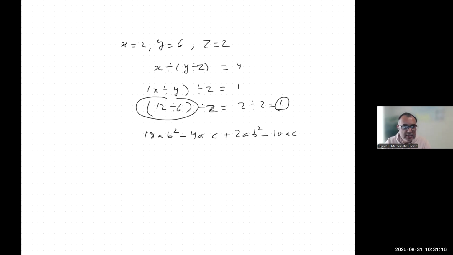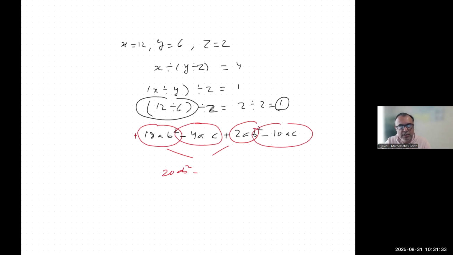So the like terms here are 18ab square and 2ab square. Add them up. This is a positive, that's a positive. 20ab square. Negative 4ac, negative 10ac makes it a negative 14ac. Good job.